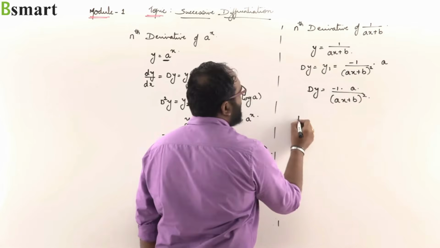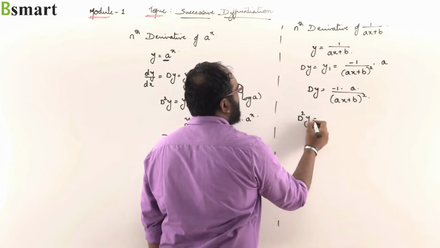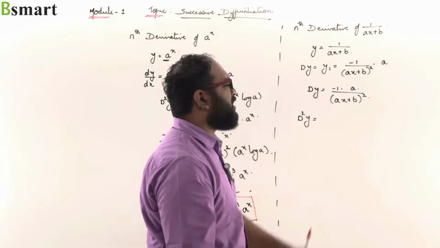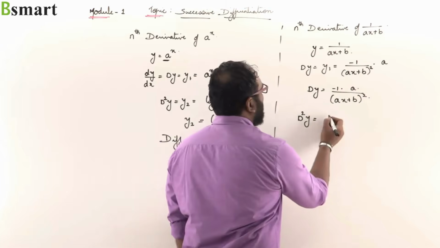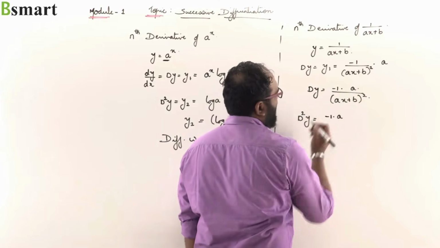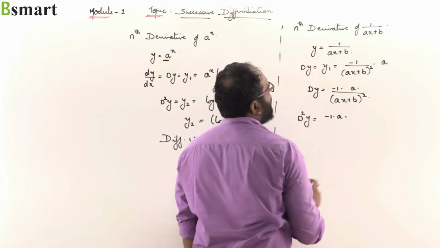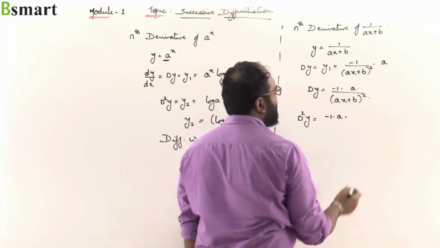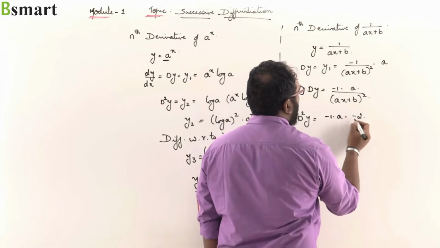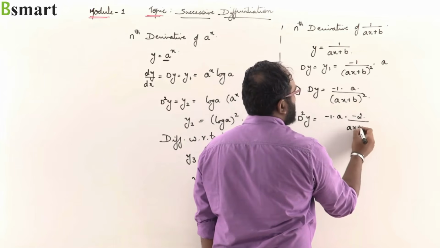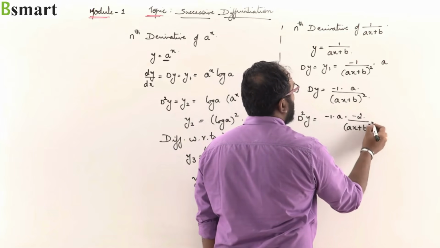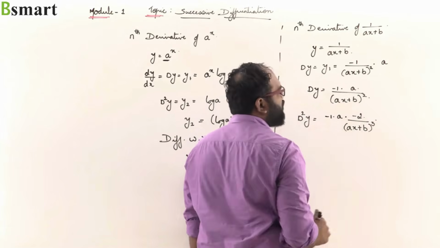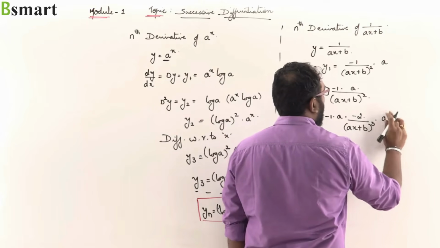Now again, if I find d square y, that means I am differentiating with respect to x again, so that is minus 1 into a into, now the derivative of 1 by x square is minus 2 by ax plus b whole cube, into the derivative of ax plus b, which is again a.